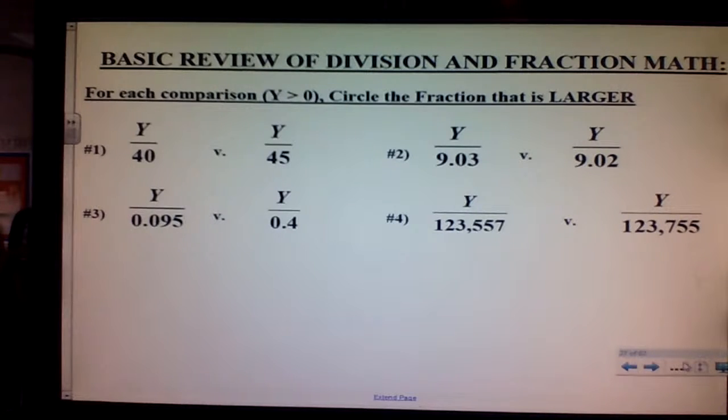You want to divide by the smaller to get the bigger. Would I divide by 9.03 or 9.02? 9.02. Even though it is not different by much, it is still different.